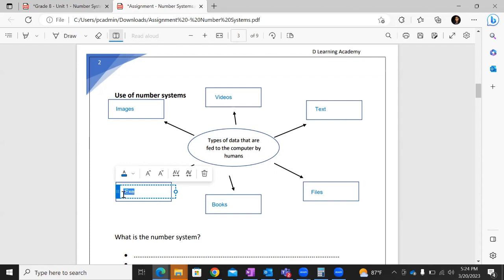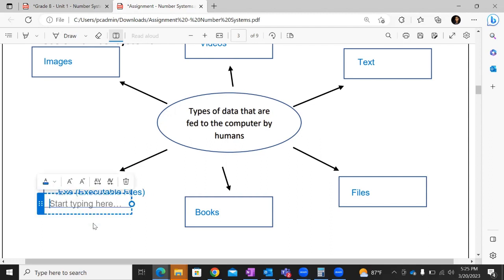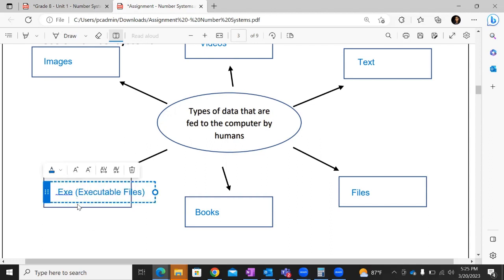So executable files, that we all install when we are setting up a new computer. So this is another type of thing that we should know.